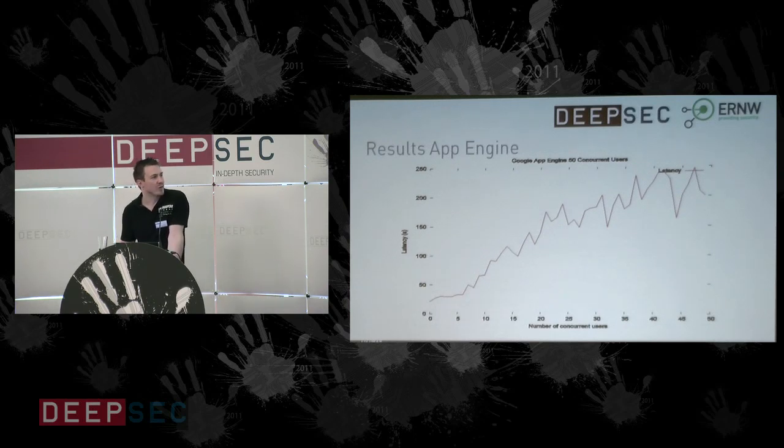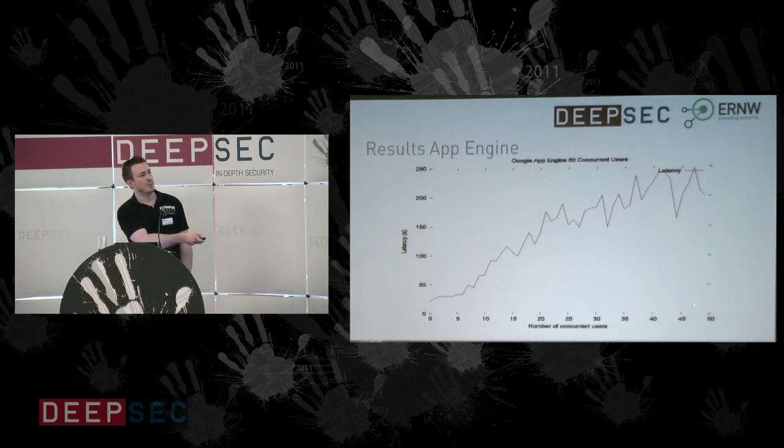More interesting is that we can see that there are some areas where the latency decreases again, and all of these areas can be directly compared to the time when Google started additional virtual instances. If I remember correctly, at the point when 50 concurrent users were accessing the application, I think Google used something like 16 instances to host the application still in an acceptable time.